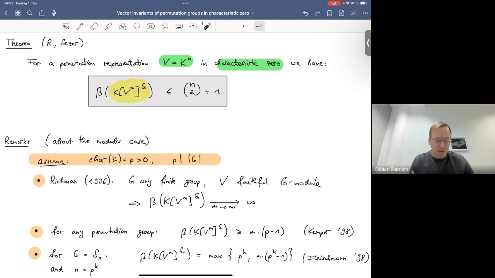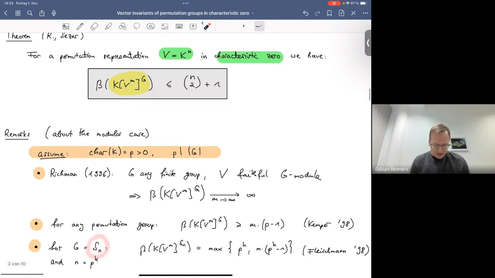And even more specifically, for the symmetric group where n really is a power of this characteristic p, this was looked at by Peter Fleischmann in another paper in 1998, where he explicitly could calculate the degree, the Noether number of this invariant ring, always vector invariants.